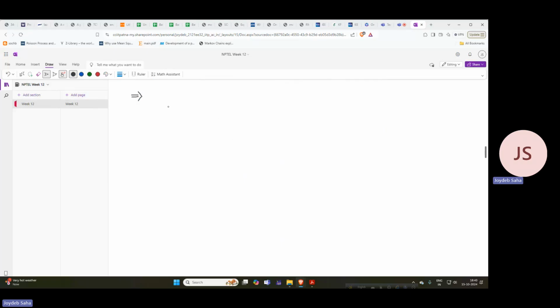So take the limit provided that if x plus y is equal to 3a upon 4, then from here we can say that x is equal to 3a upon 4 minus y.